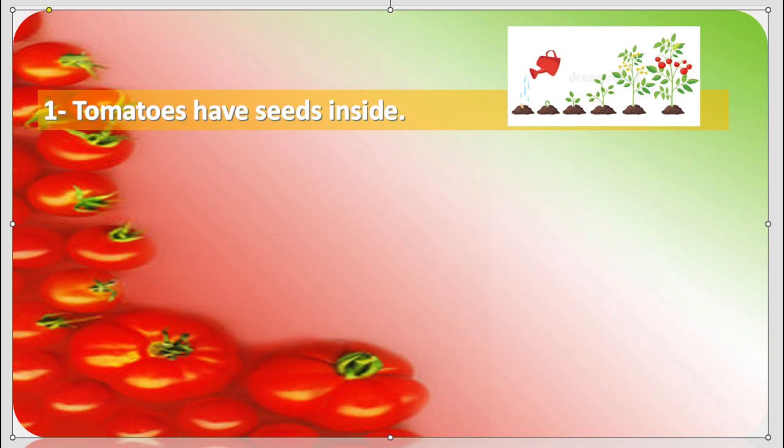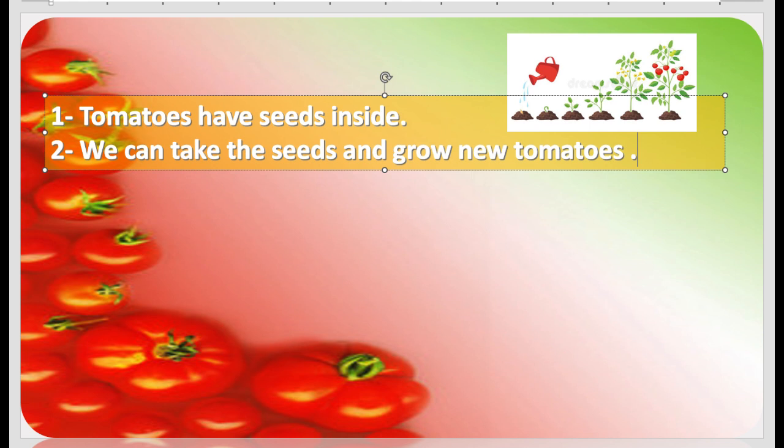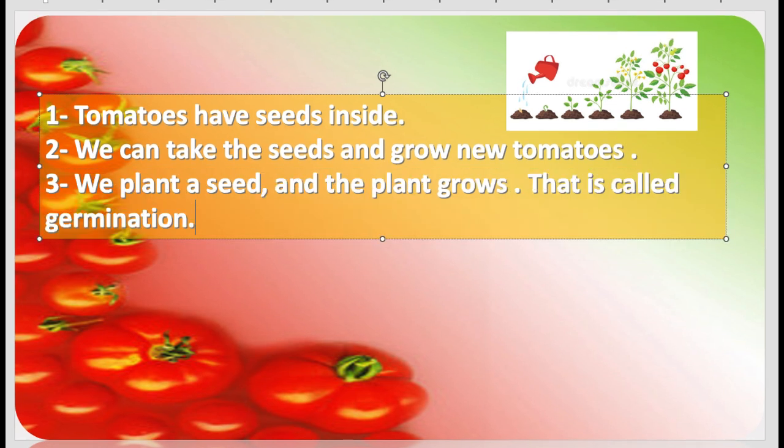In the next step, we can take the seeds and grow new tomatoes. That's right. Inside the tomato we have seeds. We take these seeds and plant them in the soil, and we can water them, right? In step number 3, we plant a seed and the plant grows.